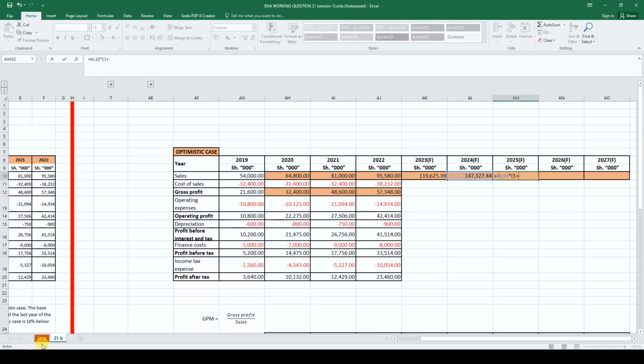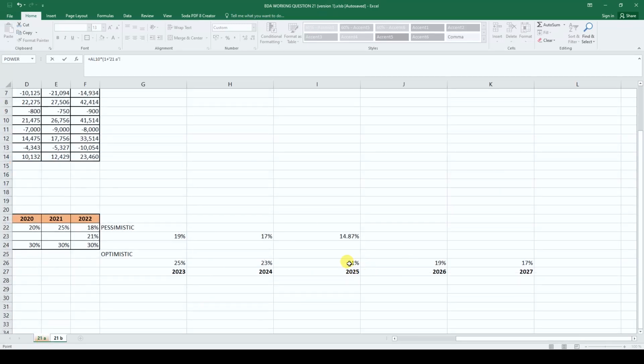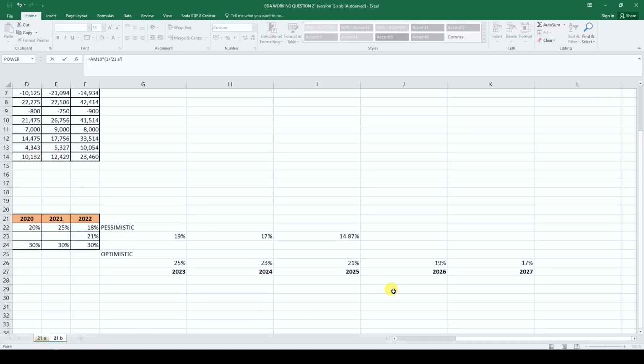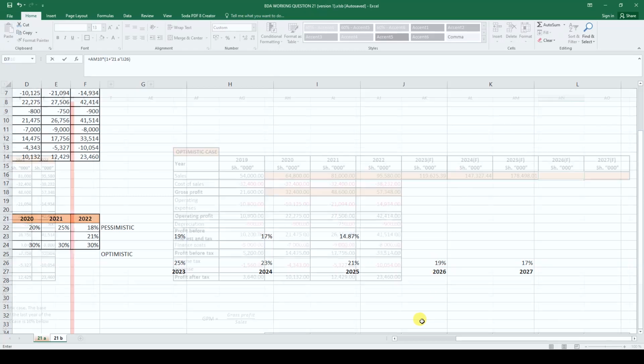We come to this next tab over here. 2025 you can see is 21%, and close the brackets, enter like that, and then plus that value over there times, open the brackets, 1 plus what? We are picking 2026. So we come back over here, 2026, and right over here is 19%. Like that. You close the brackets, and then you press enter.